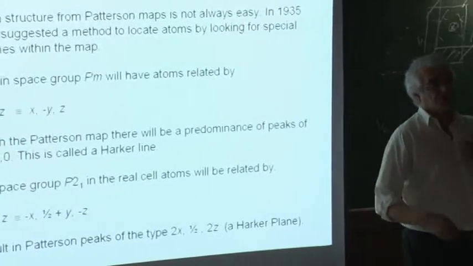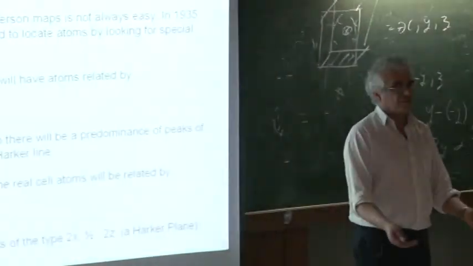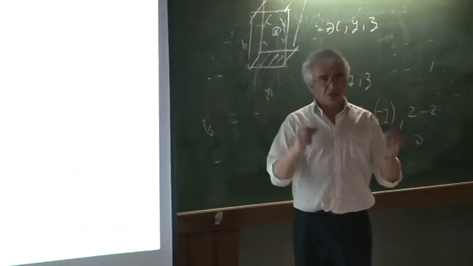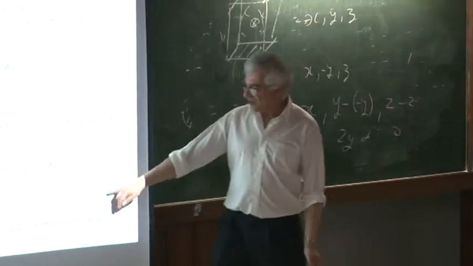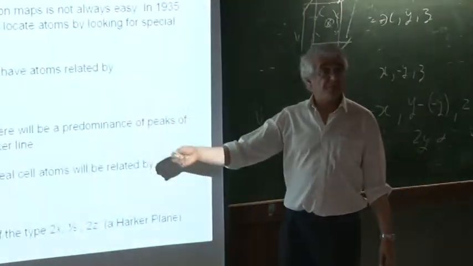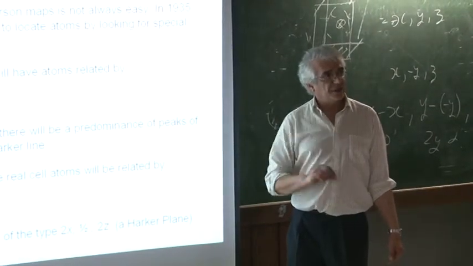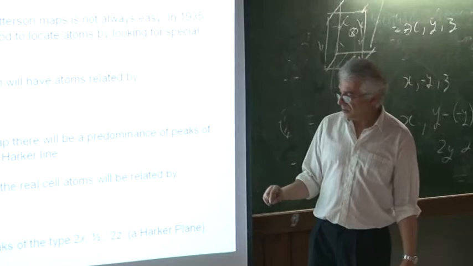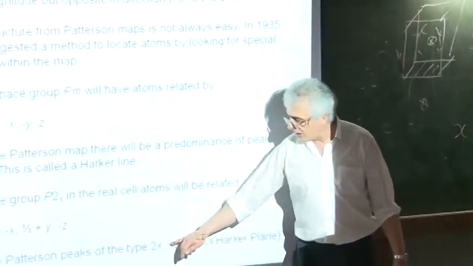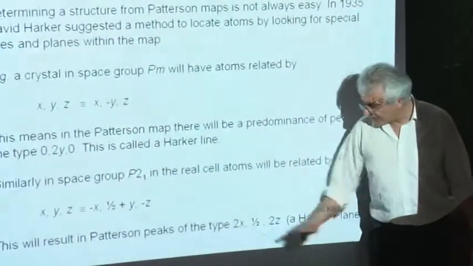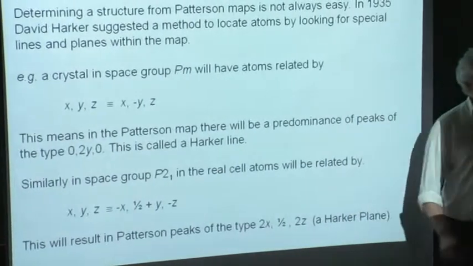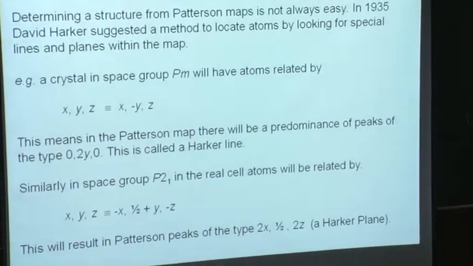When you see that, you know you've got a two screw axis. You look for these certain types of vectors in your map, and you can already start to determine the space group and get information out on the structure. So you get the X position, you get the Z position, and then you have to look for the Y.